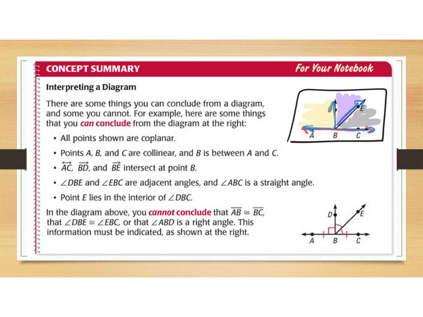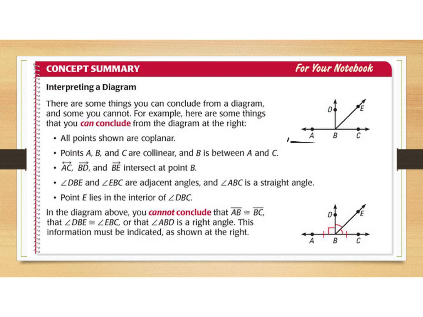Now, from the picture, the way it's printed up here at the top, I cannot assume that this angle right here is a right angle without the box. I also can't assume that B is the midpoint because I don't have any congruency marks. I also can't say that these two angles are congruent.